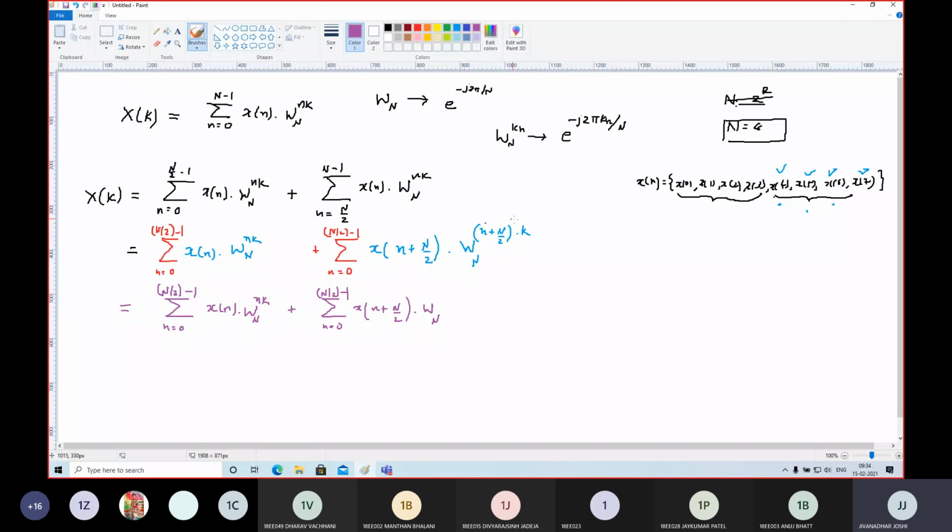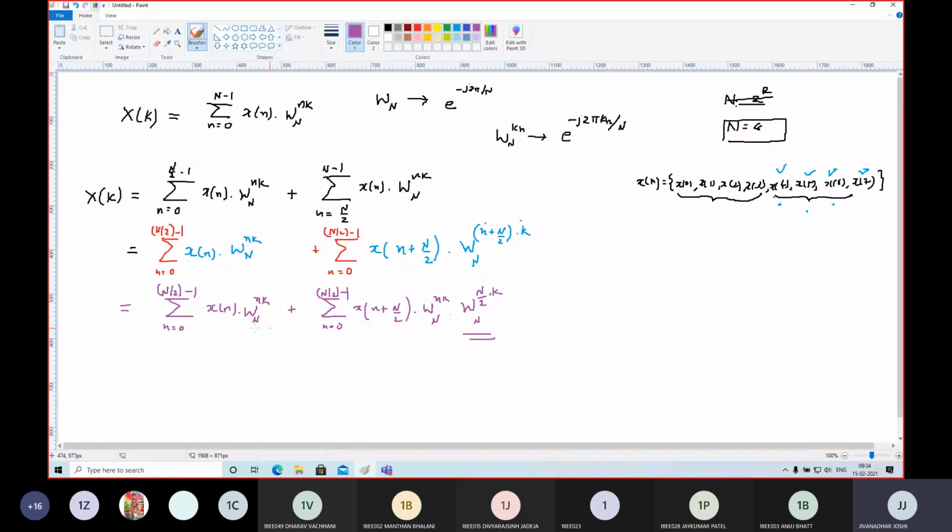Nk. N into k. So it is Nk into Wn raised to how much? Help me out quickly. Is it correct? N by 2 into k? Right? Yes, sir. Okay, let us solve for this particular.